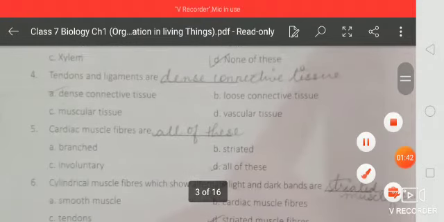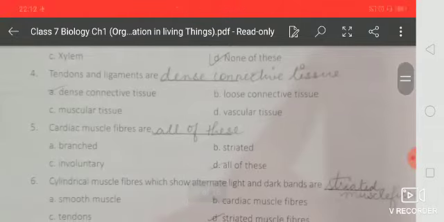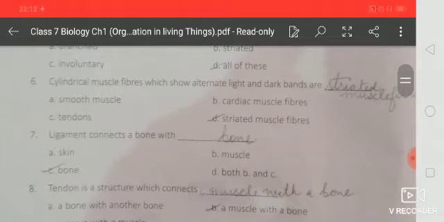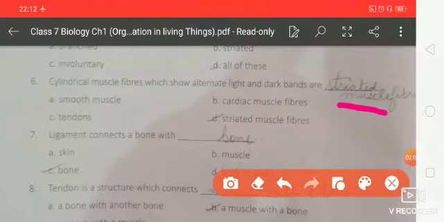Tendons and ligaments are both dense connective tissues, and cardiac muscle fibers are all of these. Next one is cylindrical muscle fibers which show alternate light and dark bands; they are striated muscles.